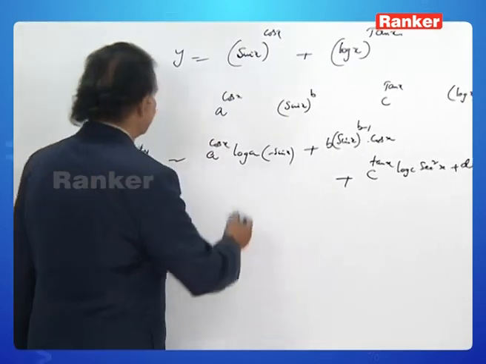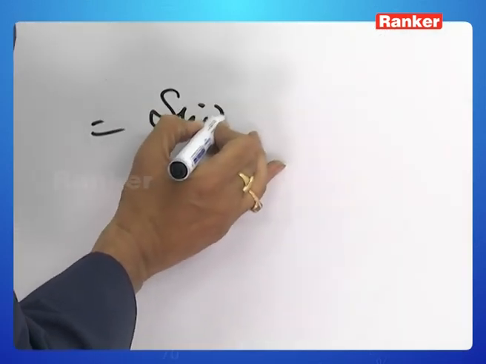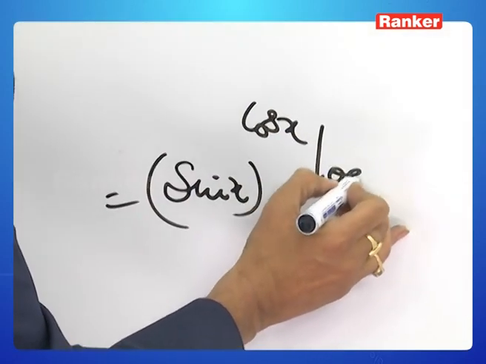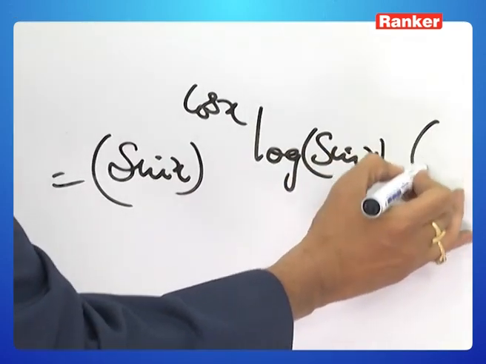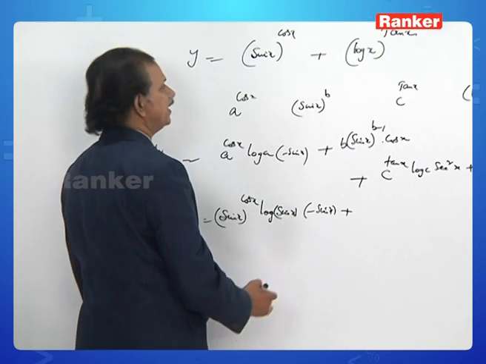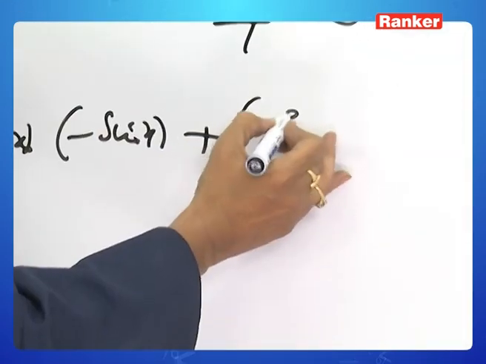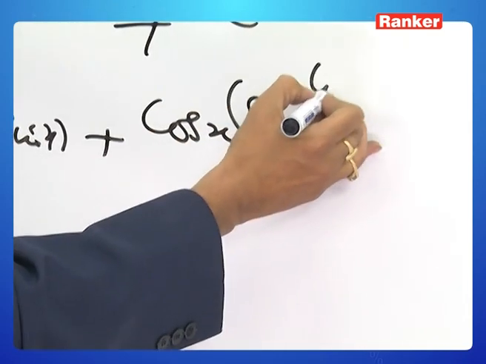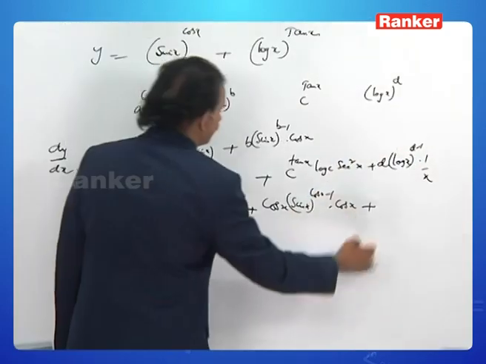What is a? Sin x. Sin x power cos x into log sin x into minus sin x. What is b? Cos x. Cos x into sin x power cos x minus 1 into cos x.